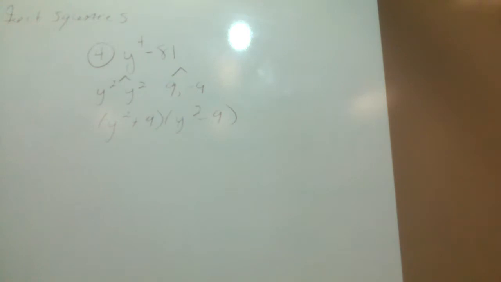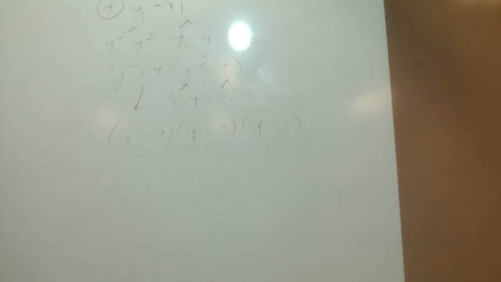So before we say we're done, this is a special problem because if I take a look, I can't do anything here, but I can do something here. I have two terms, I have a subtraction sign, and they're both perfect squares. So this is y, and this is 3 and negative 3.